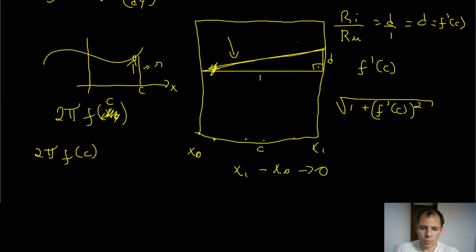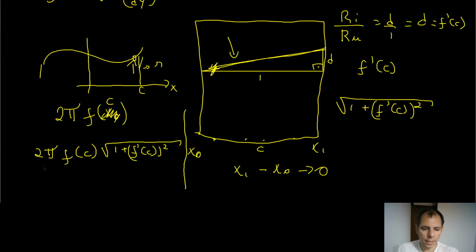And this much is the square root of 1 plus the derivative of f at the point C squared. But forget about this x1 in here. Okay, but this is just for the point C, and we want to calculate the whole surface area from here to here, for example.